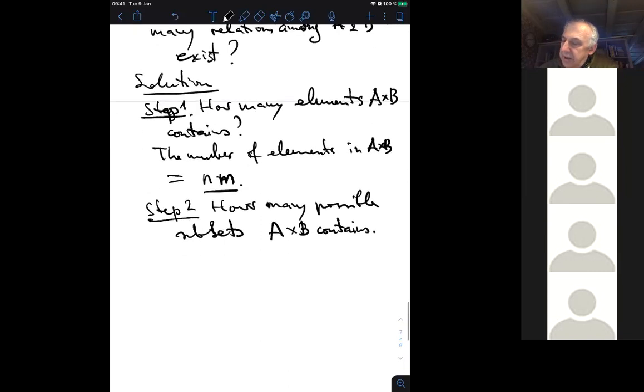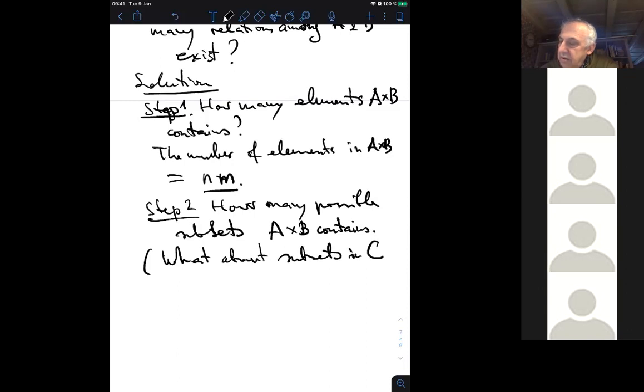Well, let us answer this step 2 in a little bit more general setup. If we have a finite set with K elements, how many possible subsets do we have? Say, what about subsets in C, where C contains, say, K elements?